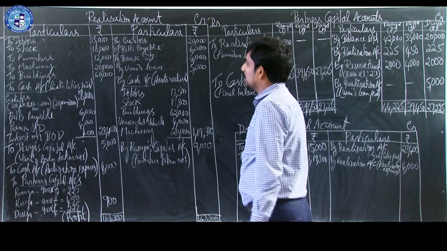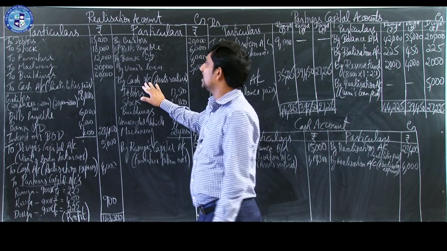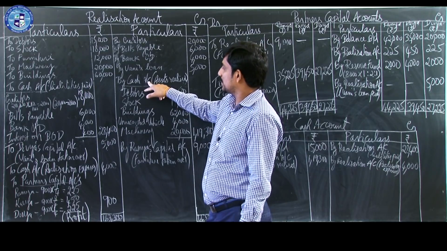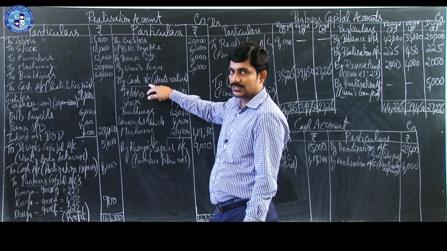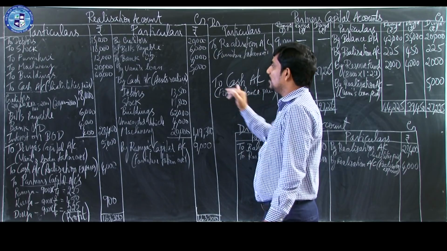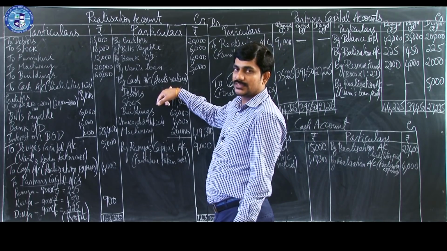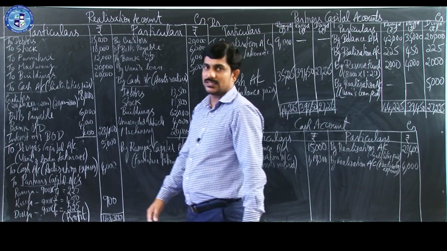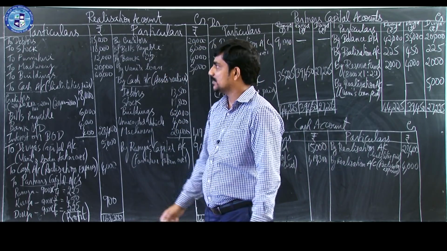Otherwise, say cash is there under realization on which side? Credit side. And this information belongs to cash, so we need to transfer it to cash account. From the credit side it will go to the debit side: to realization account 1,19,300. Anywhere else cash is there? No.